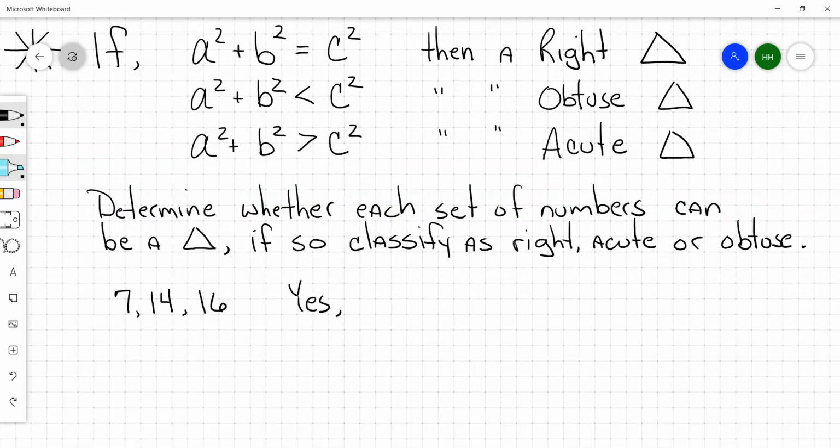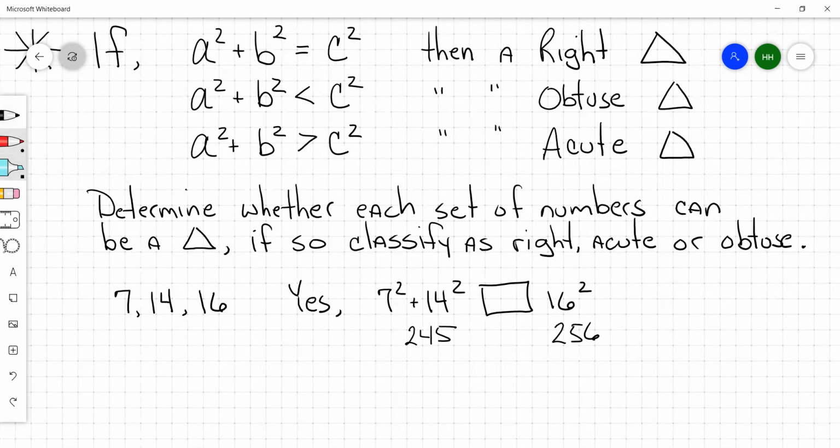Then we say 7 squared plus 14 squared, and how does it compare to 16 squared? When we do that comparison, it's going to tell us what kind of triangle it is. So 7 squared plus 14 squared equals 245, and 16 squared equals 256. So our two shorter sides squared are less than the third side squared.